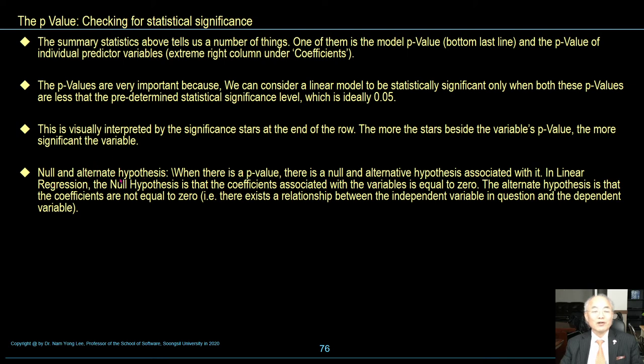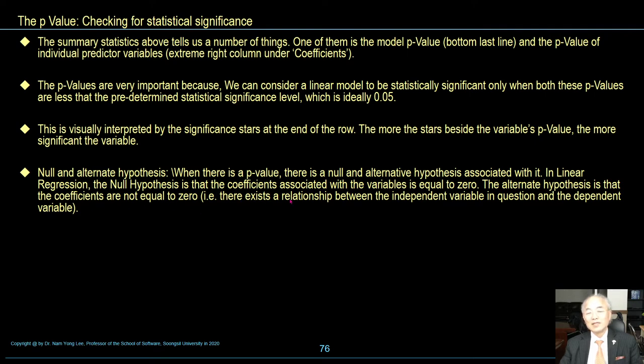Null and alternative hypothesis. As I mentioned earlier, when there is a p-value, there is a null and alternative hypothesis associated with it. In linear regression, the null hypothesis is that the coefficient associated with the variable is equal to 0. On the other hand, the alternate hypothesis is that the coefficient is not equal to 0.